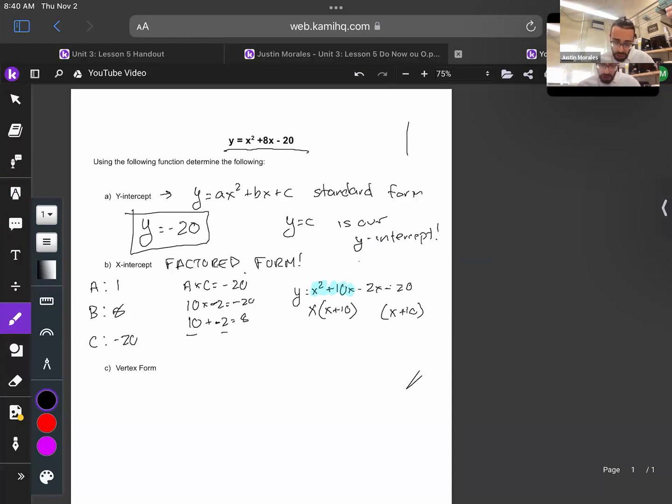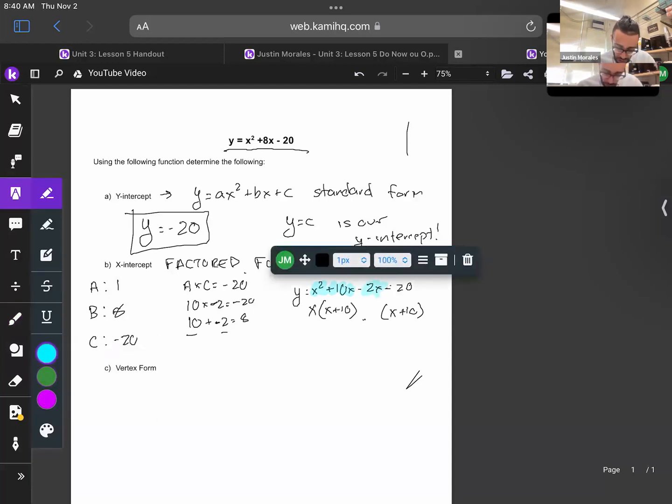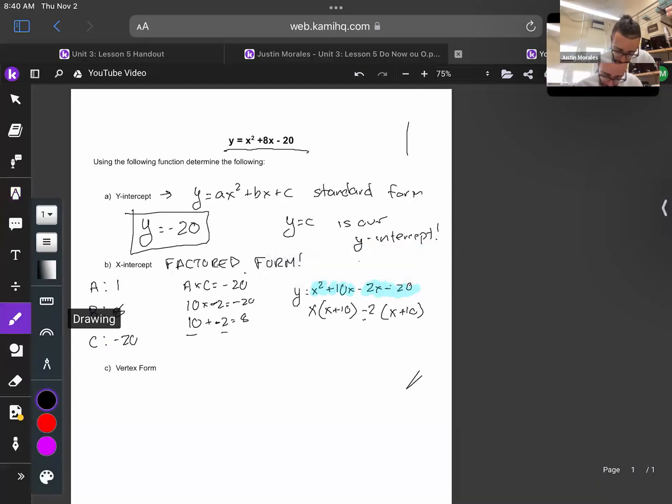And we're going to ask ourselves, what do we need to factor out of the second set of terms so we can get x plus 10 within the parentheses? There I can see it will be minus 2, because minus 2 times x is negative 2x, and negative 2 times positive 10 does equal negative 20. So boom. The last step is we put it all together, so you'll get x plus 10 times x minus 2.